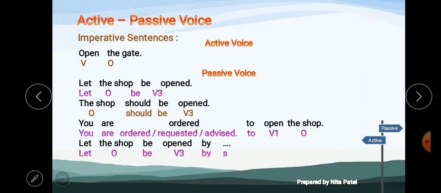Okay, now imperative sentences. If you remember imperative sentences, I think we learned enough about it. Quickly revising, imperative sentences are command, they are order, they are suggestion, they are request. So these are called imperative sentences. They command something, they tell us to do something, that you do this, you do that.